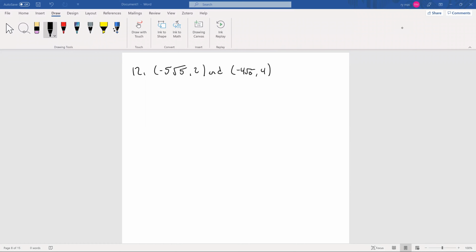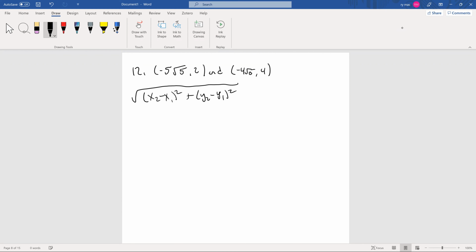All right, for number 12, it says find the distance between the pair of points (-5√5, 2) and (-4√5, 4). All right, so if we remember our distance formula, it's going to be the square root of (x2 minus x1) squared plus (y2 minus y1) squared.